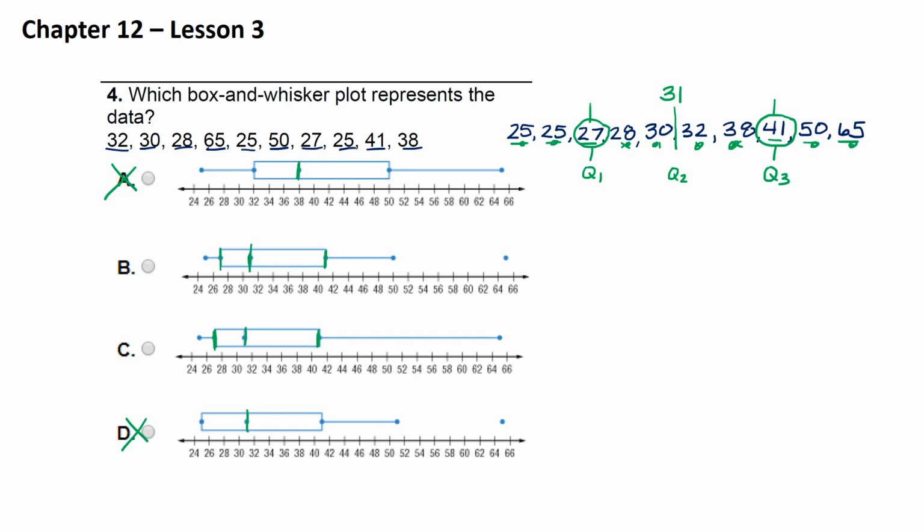Okay, now, as we look at B and C and compare, they both have 25 as their minimums, okay? And that would be true because 25 is the minimum. Now, for B, they have 65 listed as an outlier, and for C, they have 65 just listed as part of the whisker. So what we need to do is to decide, is 65 an outlier?